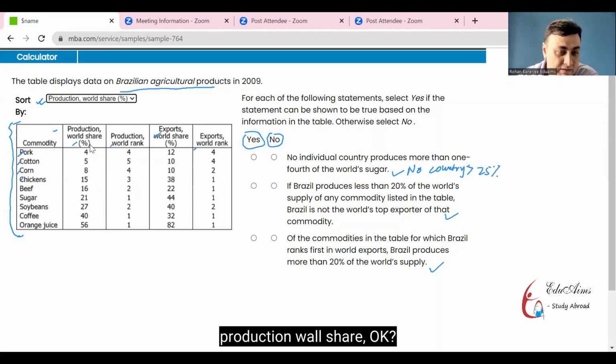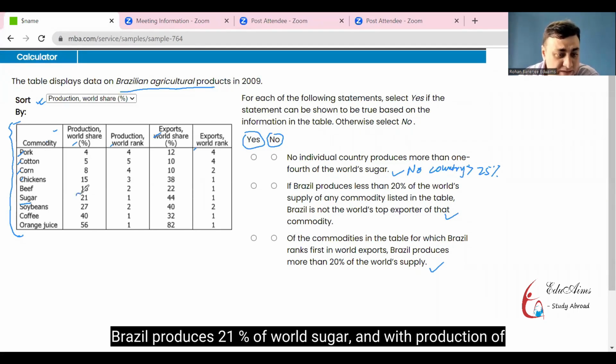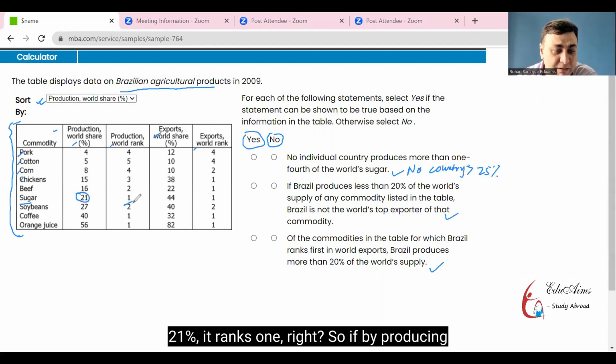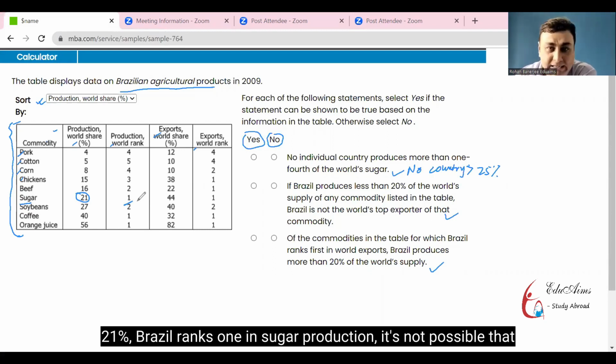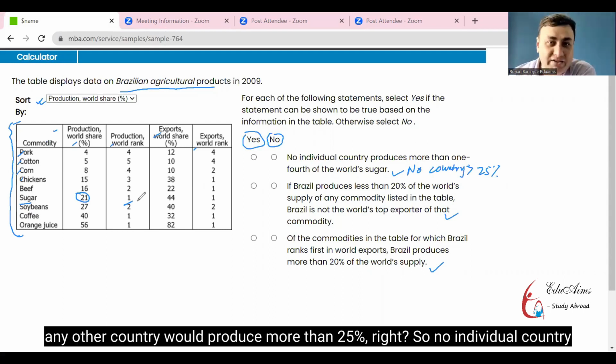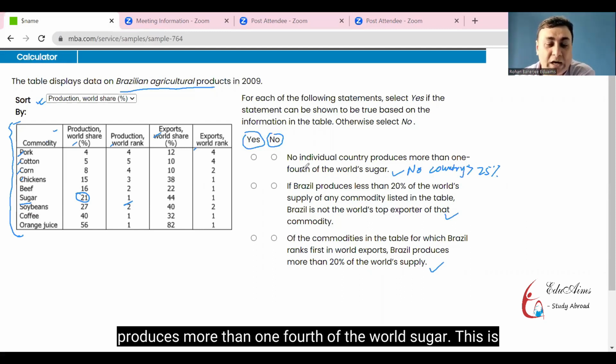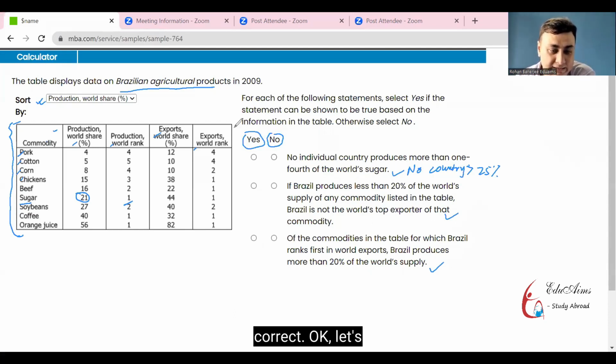Let's go to sugar. For sugar, Brazil produces 21% of world sugar, and with that it ranks 1. If Brazil ranks 1 by producing 21%, it's not possible that any other country would produce more than 25%. So no individual country produces more than 1/4 of the world's sugar. This is correct.